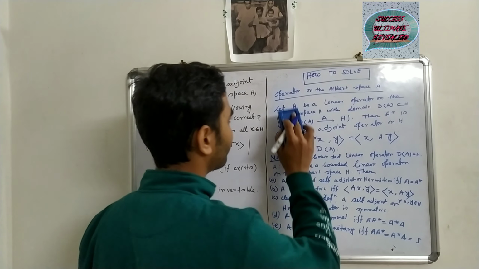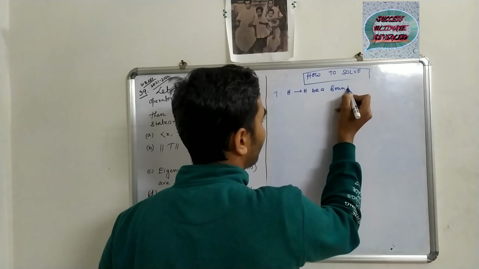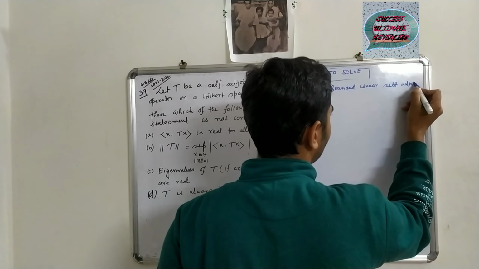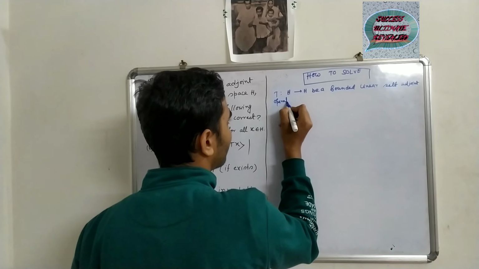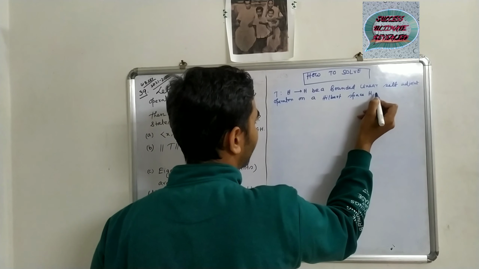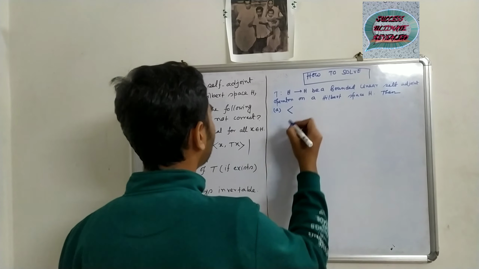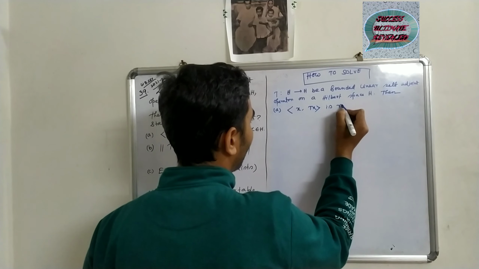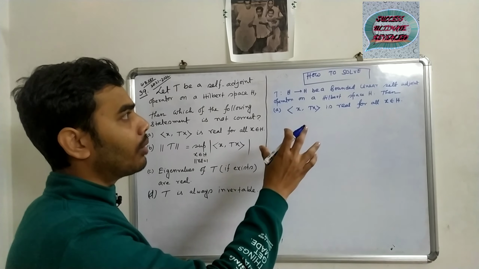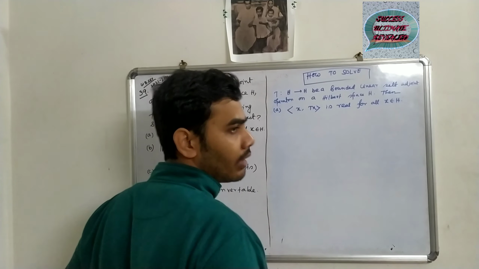Let T, from H to H, be a bounded linear self-adjoint operator on a Hilbert space H. Then number 1, the inner product of x and Tx is real for all x belongs to H. This is the first result for a bounded linear self-adjoint operator on the Hilbert space H. Now how do we prove that the inner product of x and Tx is real for all x belongs to H?